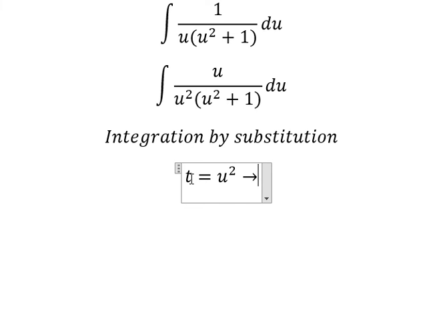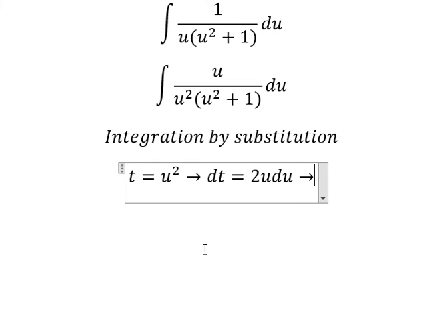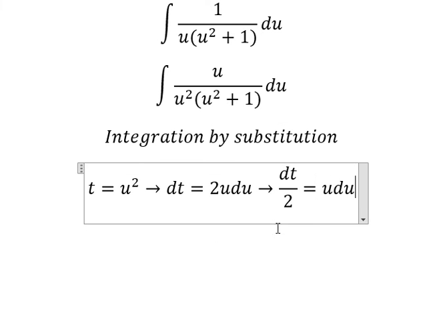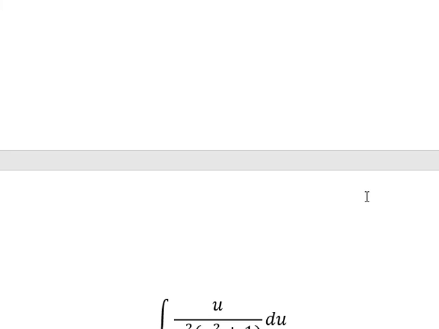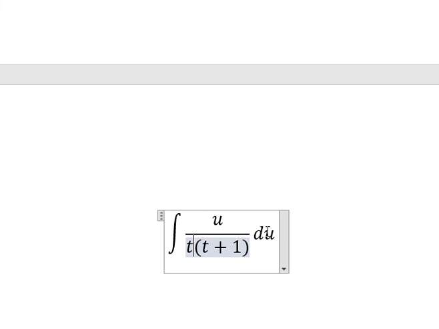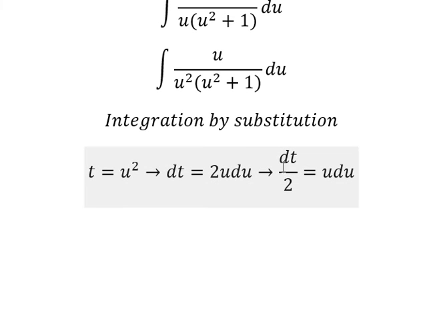Later that, we need to do first derivative for both sides, and we have 2u du. Because we don't have number 2, we divide both sides by number 2. This one we change by t, this one we change by t, u du we change by this one.